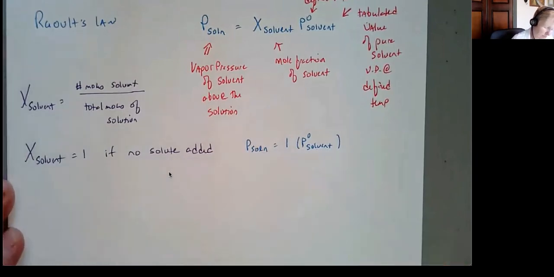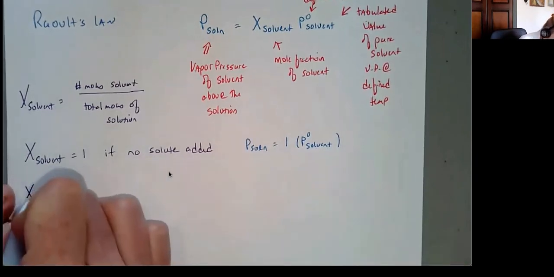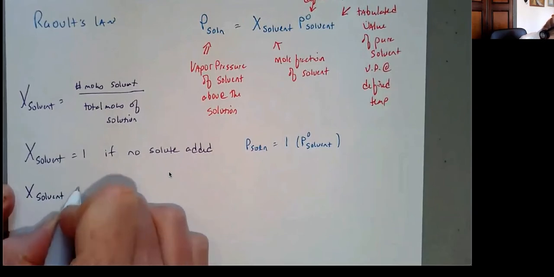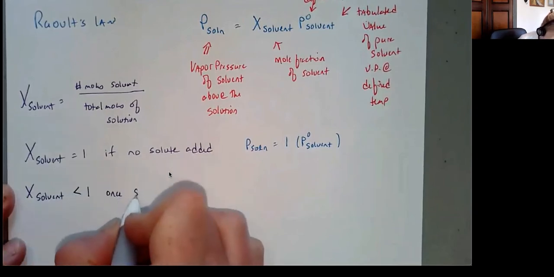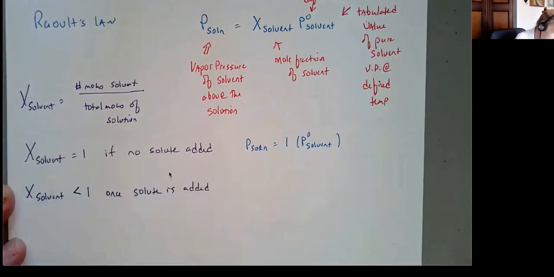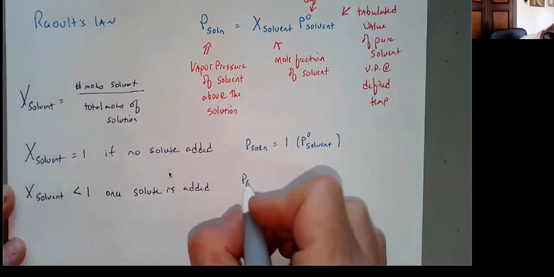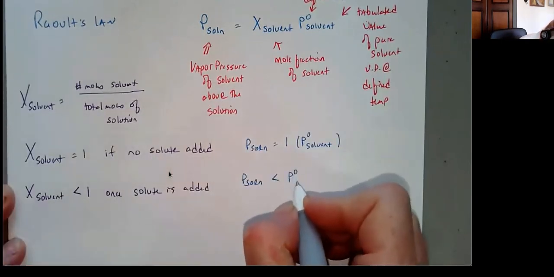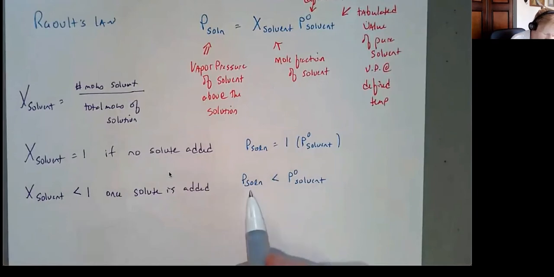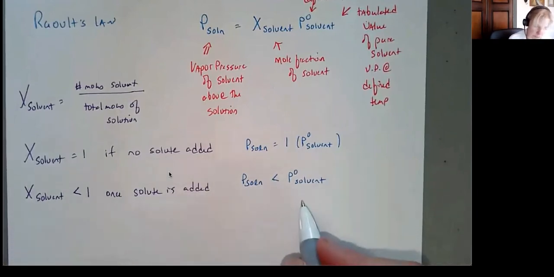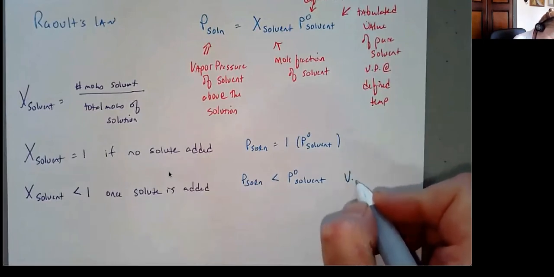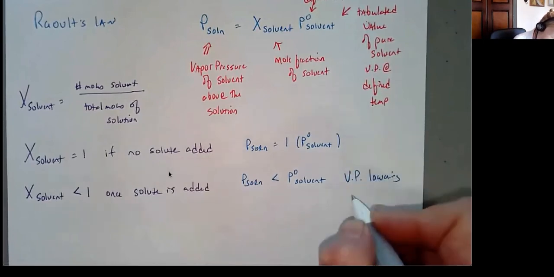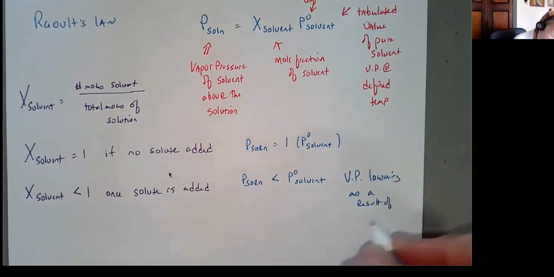But as I start to add a solute, X of solvent is going to be less than 1 once solute is added, which means your P solution is going to be less than your P of solvent. So your vapor pressure of that solvent is going to be less than that pure solvent. And so this is vapor pressure lowering as a result of solute added.